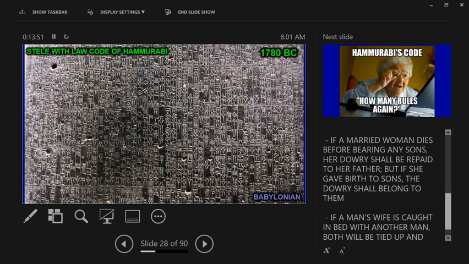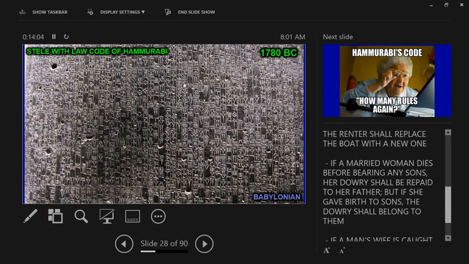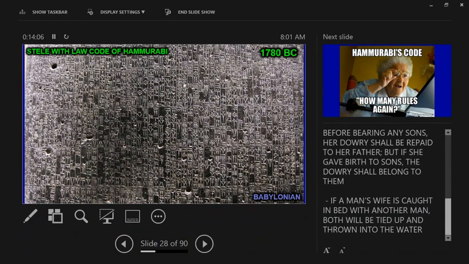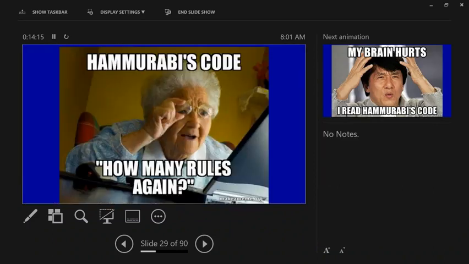If a married woman dies before bearing any sons, her dowry shall be repaid to her father. But if she gives birth to sons, the dowry shall belong to them. And if a man's wife is caught in bed with another man, both will be tied up and thrown in the water. All right, they didn't mess around.